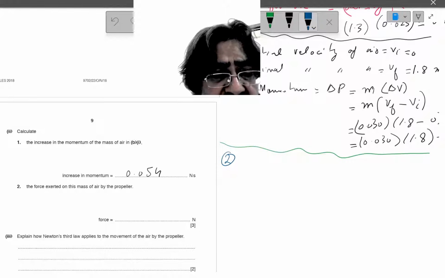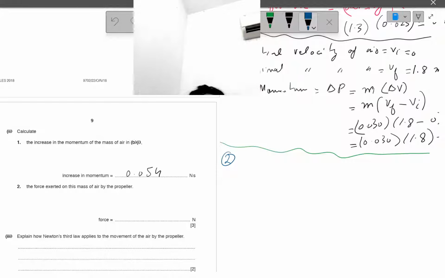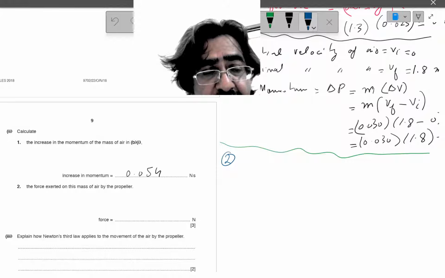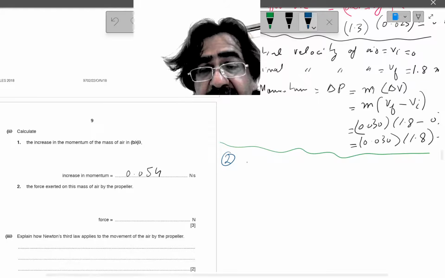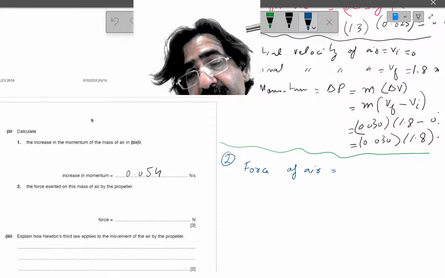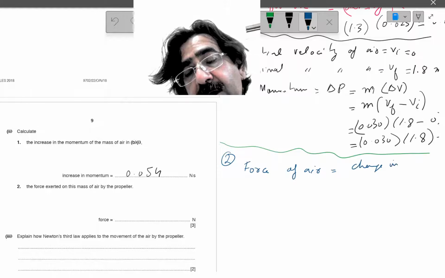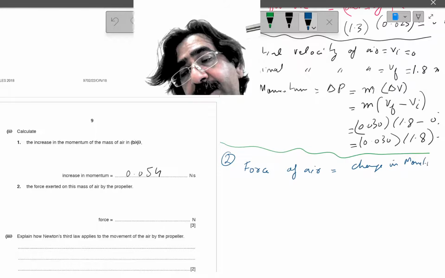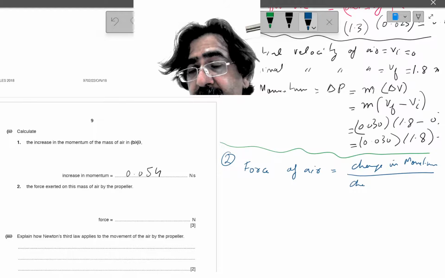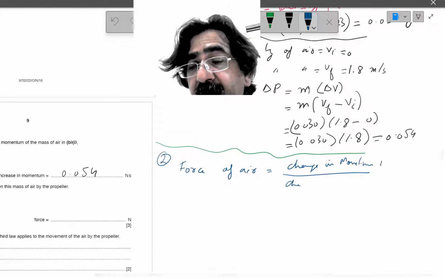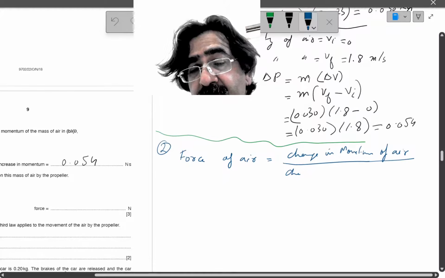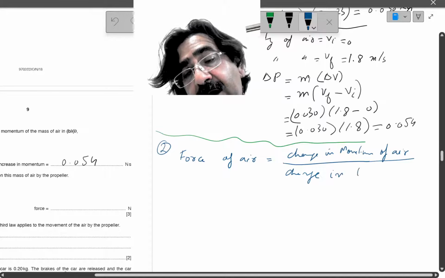The force exerted on this mass of air is the change in momentum of air divided by the change in time.